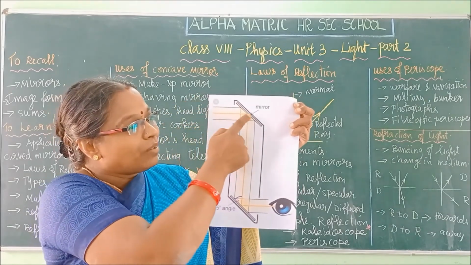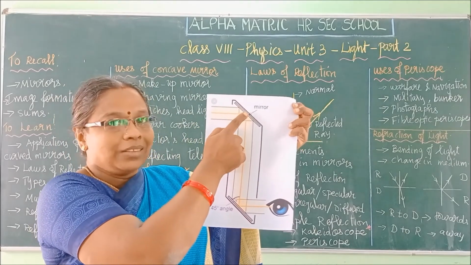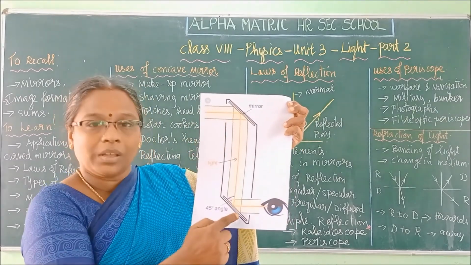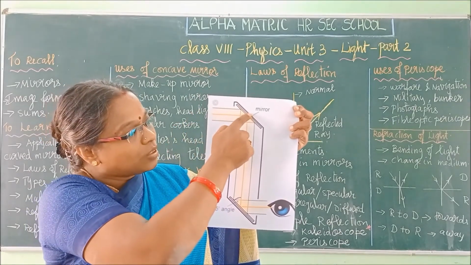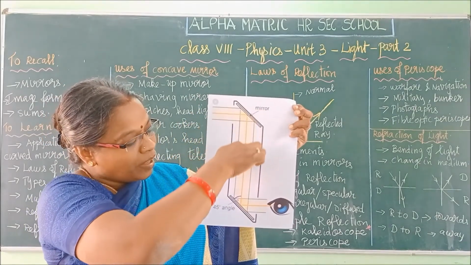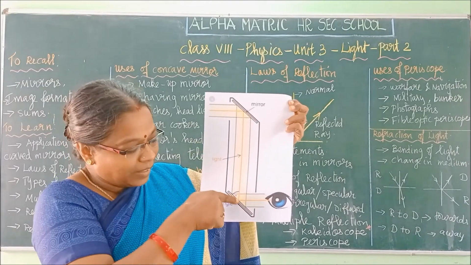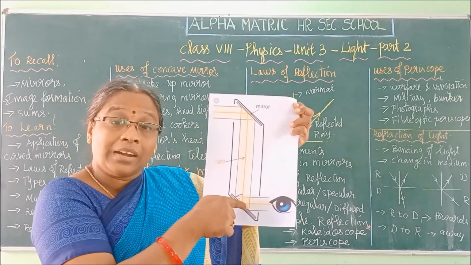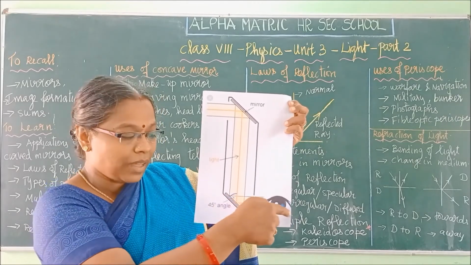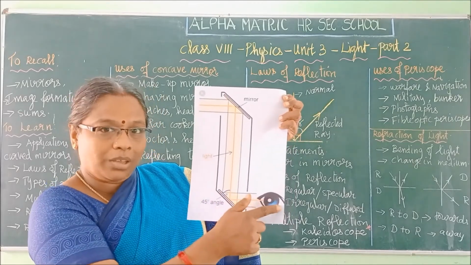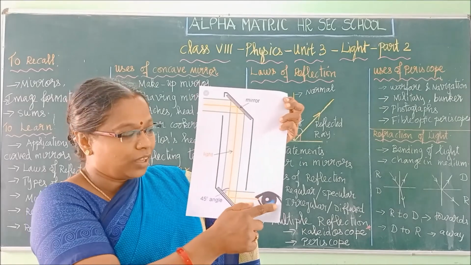The light ray will come and fall on this mirror, and this mirror faces the other mirror at an angle of 45 degrees. The light ray will be incident on this, and it will be reflected and get incident on this. Now this is at an angle of 45 degrees, and we are observing the happenings from here.